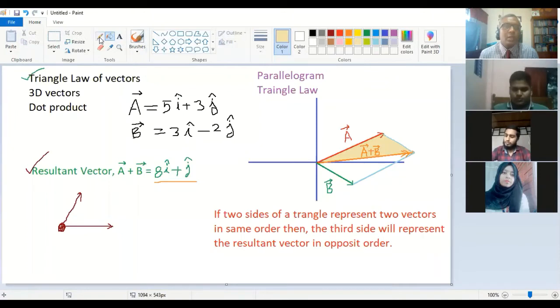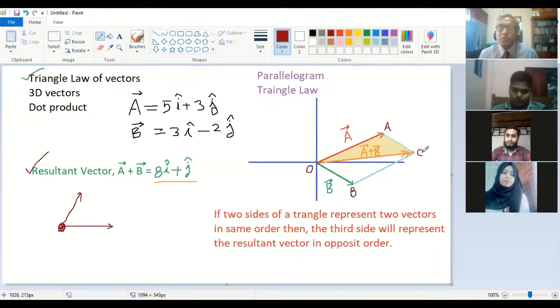So before that let me give names. So this is O and this is A and this is B, that is, OB line is the B vector, OA line is the A vector, and this is C. OC line is the resultant vector.